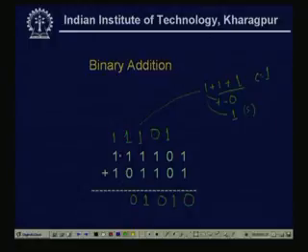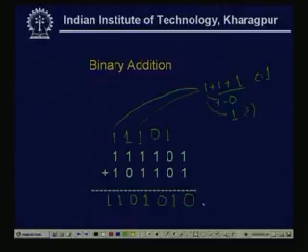Now, if it is 1 and 1 to be added, this will be sum 1, carry 1, and that should come here. So 1 plus 1 is 0, carry 1; again this is 1; 0 plus 0 plus 1 is 1; 1 plus 1 is 0, carry 1; 1 plus 1 plus 1 is 1, carry 1; 1 plus 1 is 0, carry 1; 1 plus 1 plus 1, carry 1, sum 1.